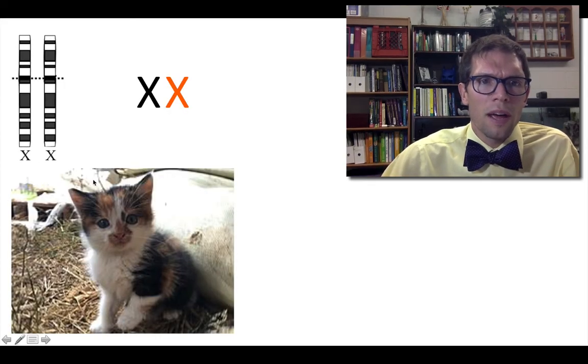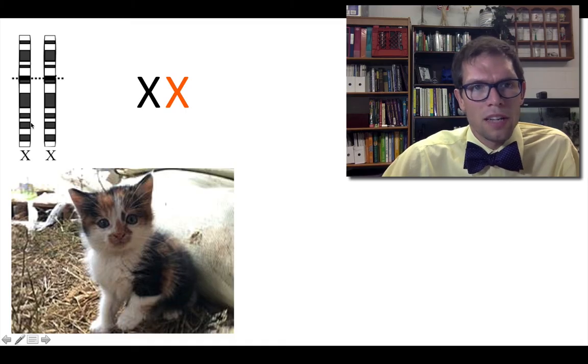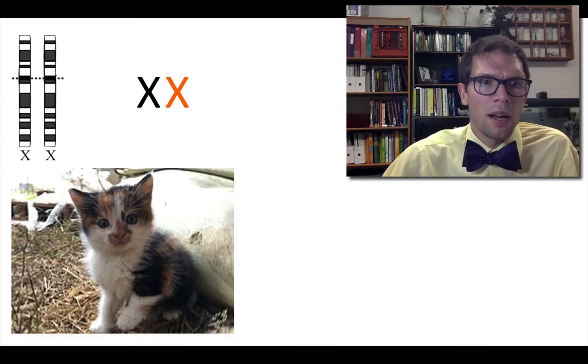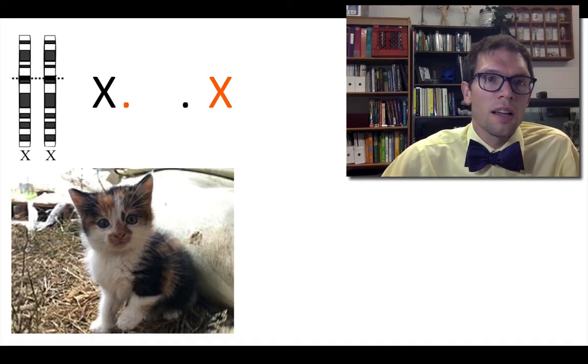Well, when you have X chromosomes, one of them actually is going to get deactivated. Now this is going to occur in all of your cells, but it's going to be random, and it's going to be fairly early on in development. So there will be some cells, I'm drawing this little dot here to represent what's really going on.